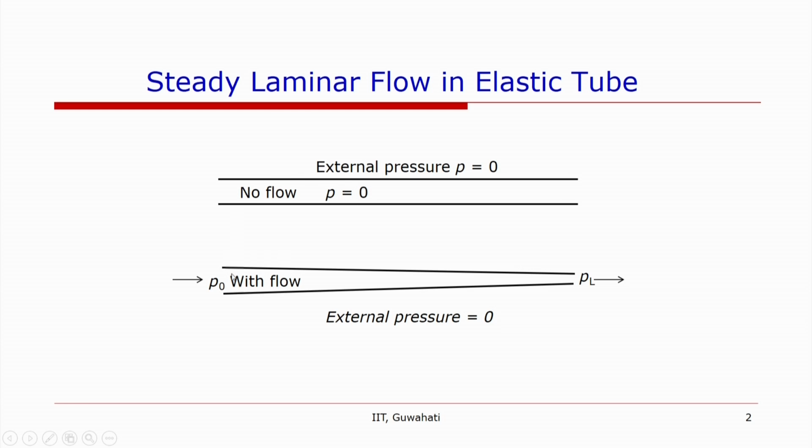When the flow happens, the external pressure is not going to change, but because the flow is pressure driven, a gradient will be set up in the channel, and the pressure at the upstream inlet will be higher. Let us say this pressure is P0, and at the exit, after length L, the pressure is PL. The external pressure is still 0.